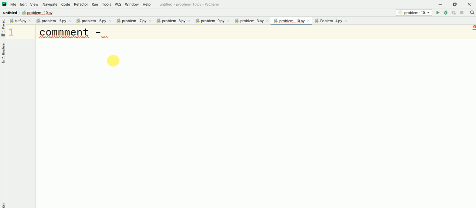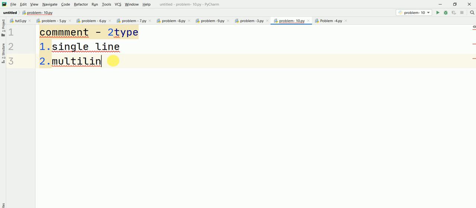So basically, comments are of two types. The first one is single line comment, and another one is multi-line comment.